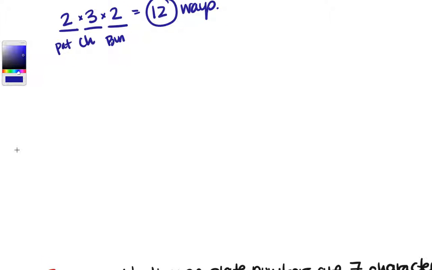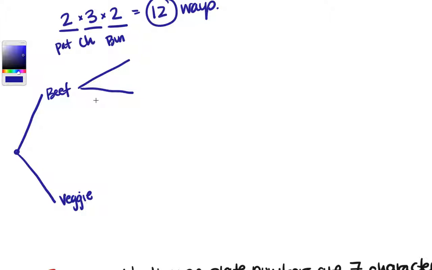Okay, so we're picking a burger, and we have 2 options for the patty. Let's assume that we can get a beef patty or a veggie patty. Maybe those are the 2 options. And then for each of those 2, we have 3 cheese options.